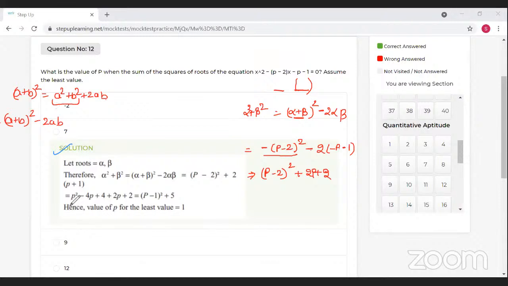So when you solve this, you will get (p minus 1) whole square plus 5. So what is the value of p for which this equation satisfies, right? So p minus 1, just solve this part. So p is equal to 1. Is that clear, people?